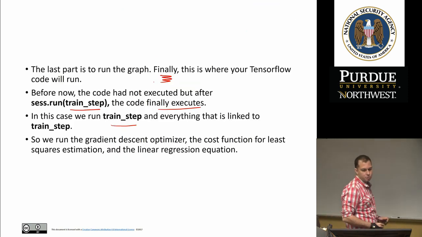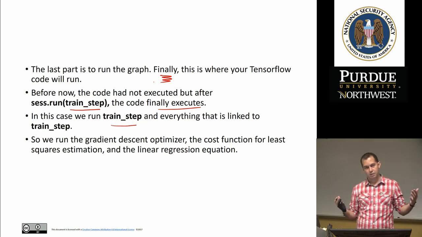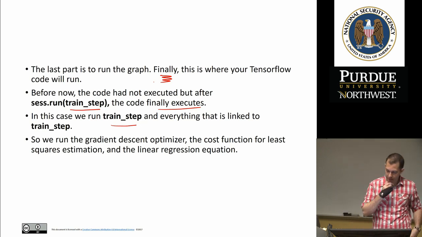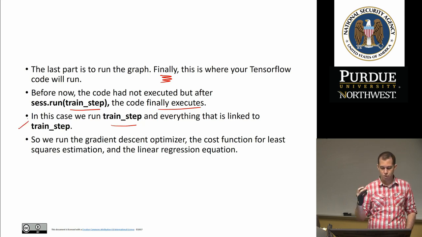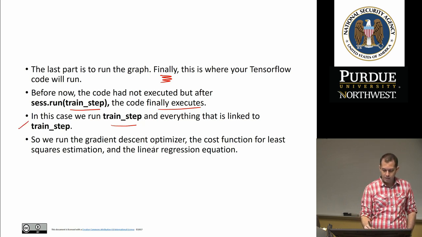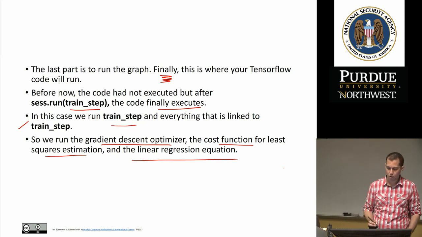In this case, we run train step, and at that point all the data is linked, the model is linked, we've told it everything that needs to happen, and TensorFlow will do its job. So we run the gradient descent optimizer, the cost function for least squares estimation, and the linear equation. Everything gets run all together.